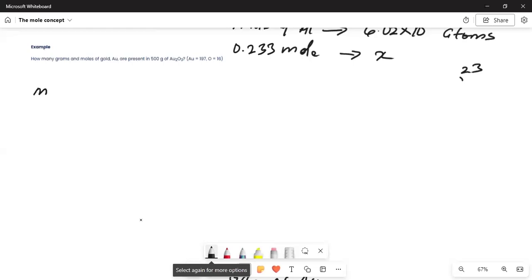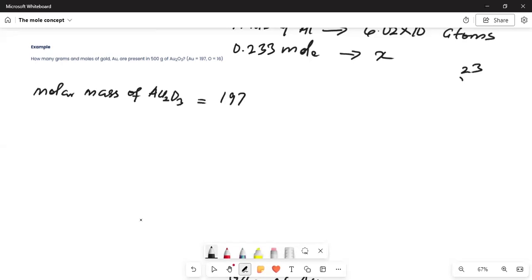So the molar mass of gold oxide is equal to the atomic mass of gold, which is 197. But in gold oxide, there are 2 atoms of gold, so multiply it by 2, because this 197 is for 1 atom. So the 2 atoms will be 197 times 2. Then plus the same thing for oxygen, the atomic mass is 16, but in gold oxide, there are 3 atoms of oxygen.